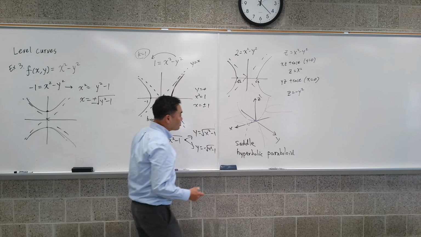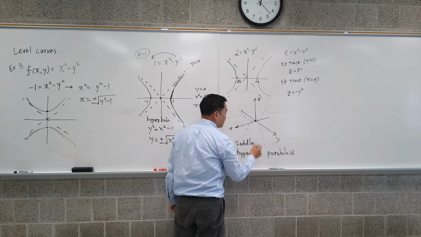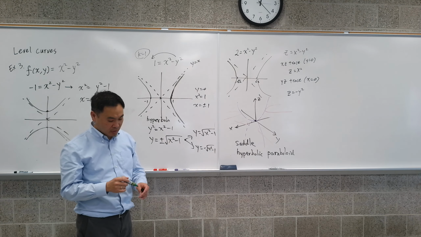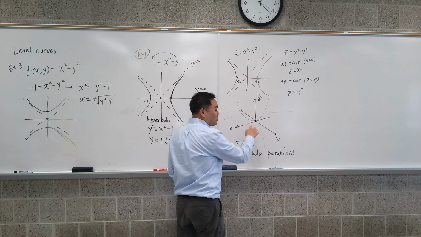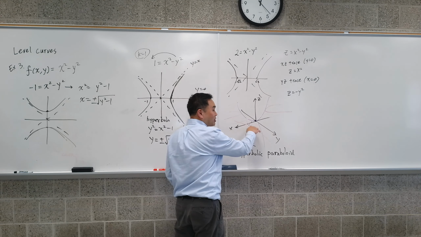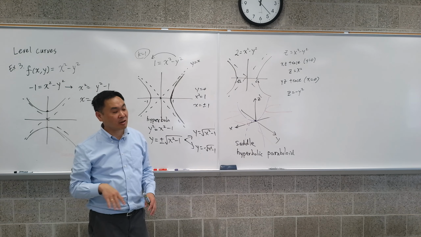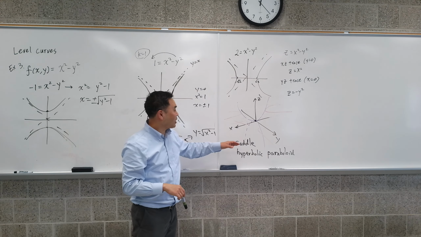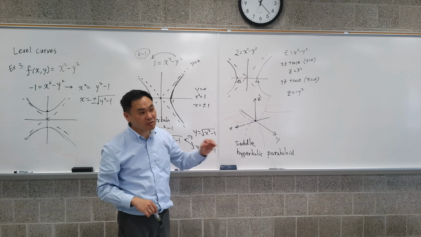Later on, we're going to look at this special point right at the middle, because that's the place where we're going to talk about tangent planes rather than tangent lines. And this is a place where the tangent plane is horizontal. Any place where the tangent plane is horizontal is called a critical point.